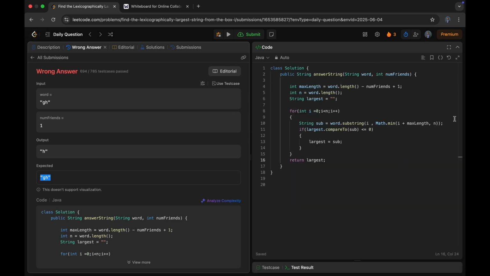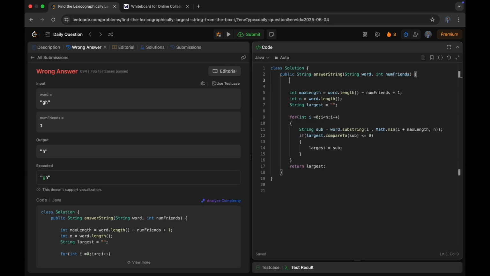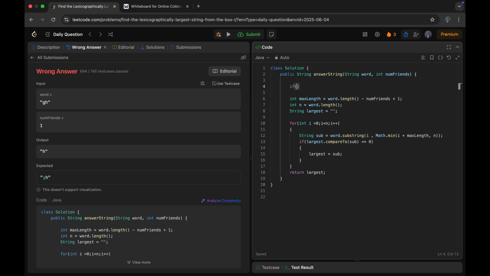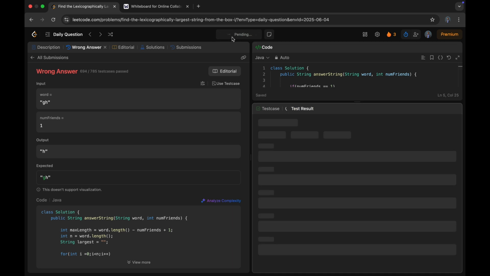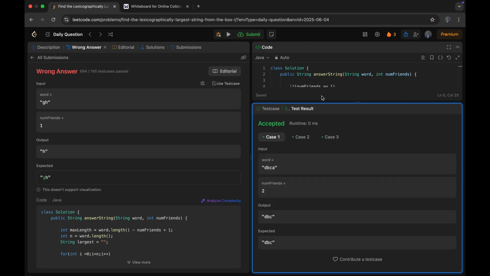So simply we write an if condition here: if numFriends double equals 1, simply return word. That's it. Now we run it again, and then submit it.